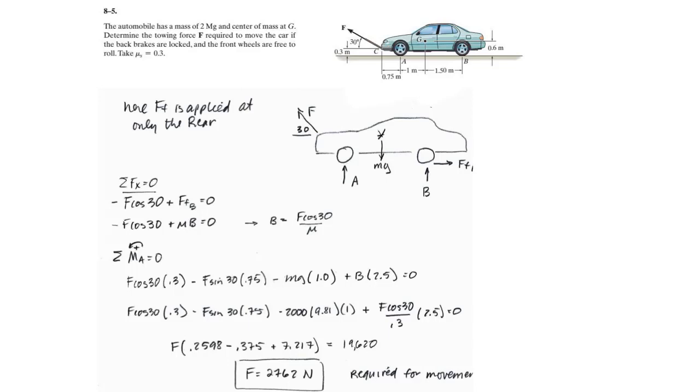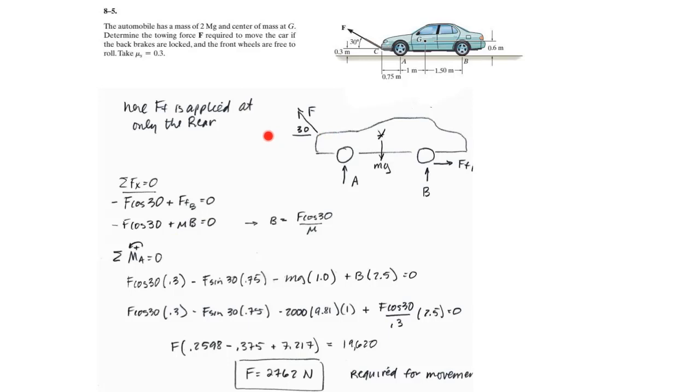Each of those, regardless of how we do our moment equation, will have a lever arm, because if you look carefully at the picture, this is 0.3 meters off the floor, and this one has different lever arms depending on whatever you're summing your moments about. So anyway, let's sum the forces in the x and see what we get.